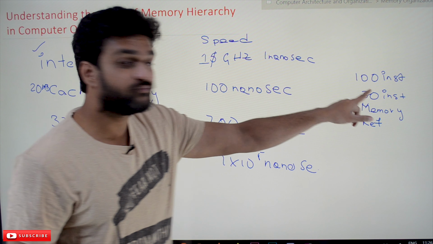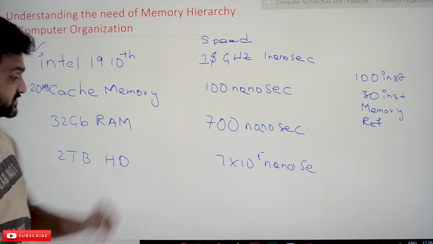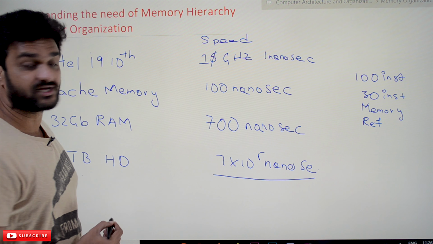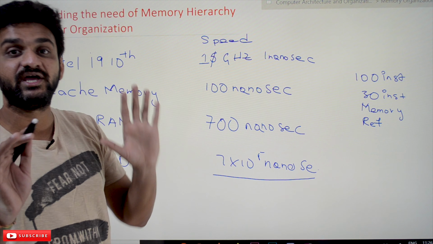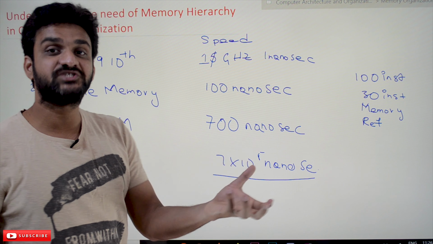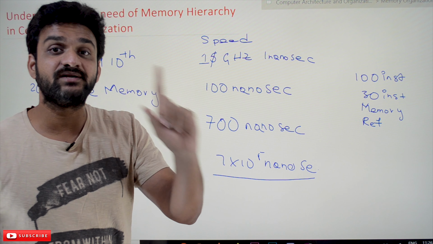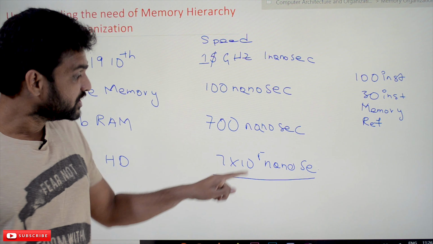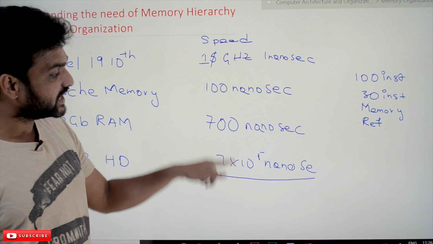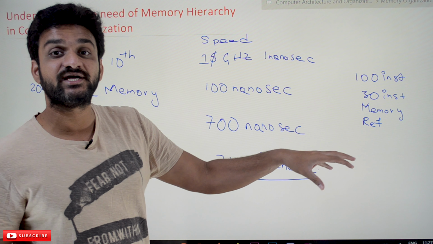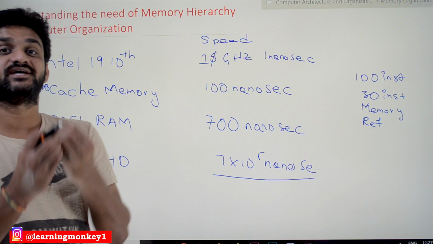To execute one memory reference instruction, the hard disk is going to take these many nanoseconds, and the processor has to wait for 7 into 10 power 5 nanoseconds for the hard disk to fetch the data.